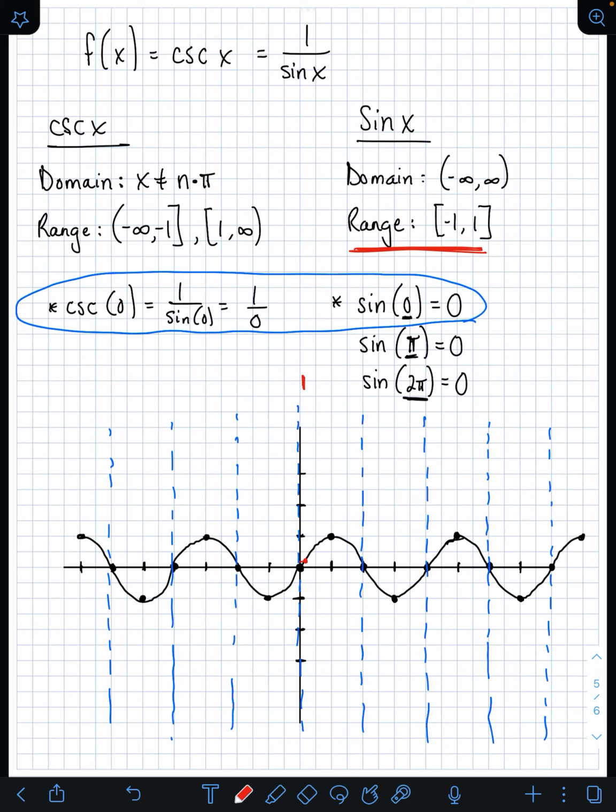And then the sine function is going to increase until it hits a y value of positive 1. But as sine gets bigger, cosecant is going to have to get smaller until it hits 1, because the reciprocal of 1 is 1.